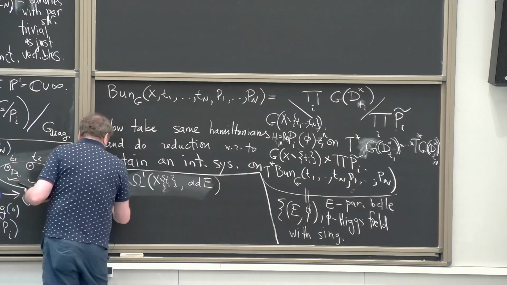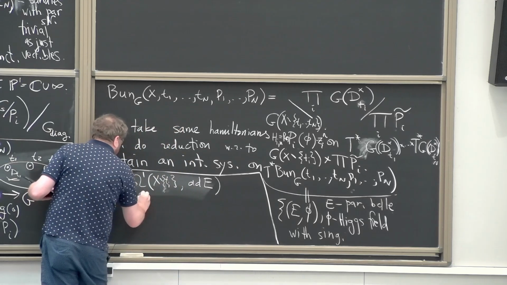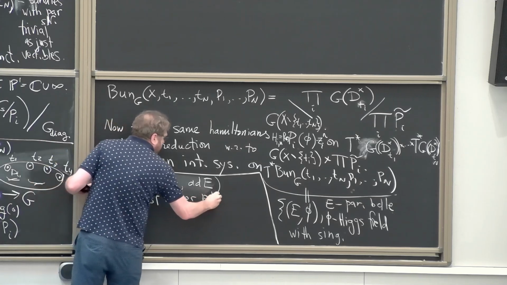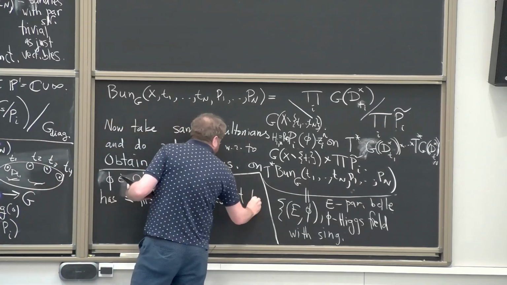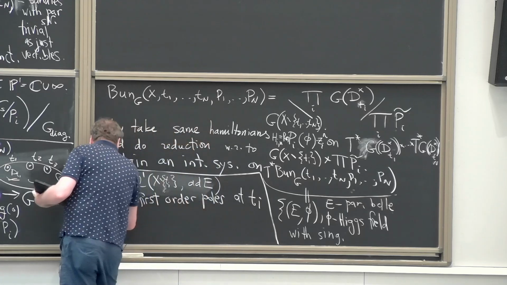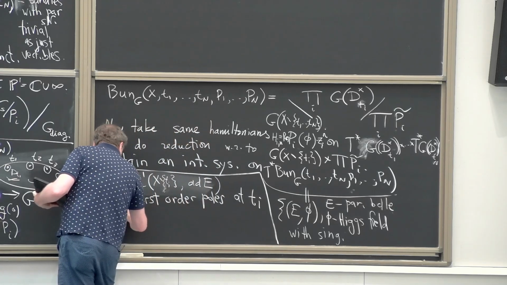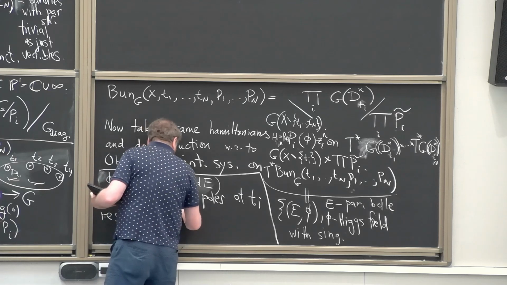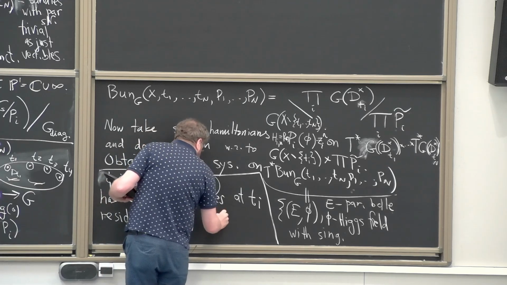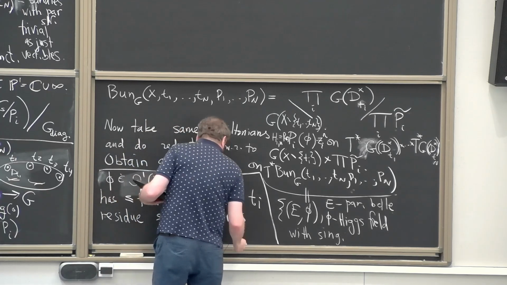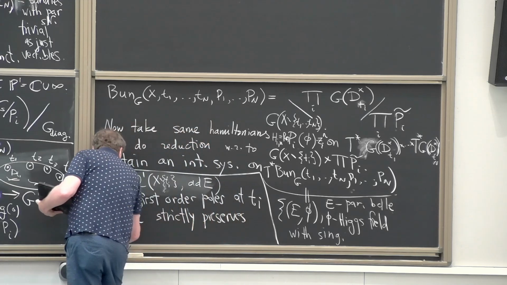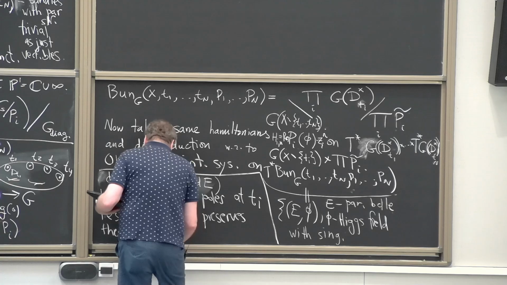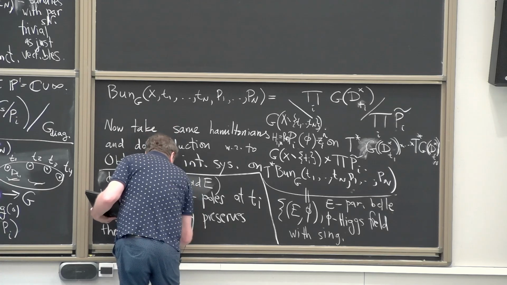And so it has at most a first order pole at the points Ti, and the residue strictly preserves the flag Fi at the point Ti.